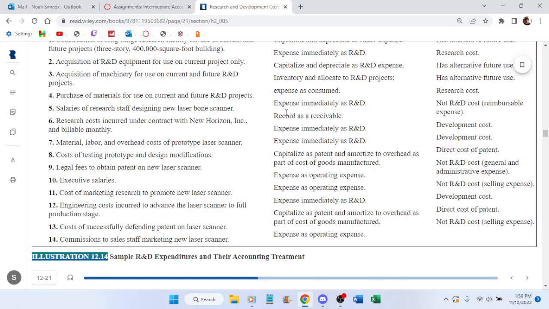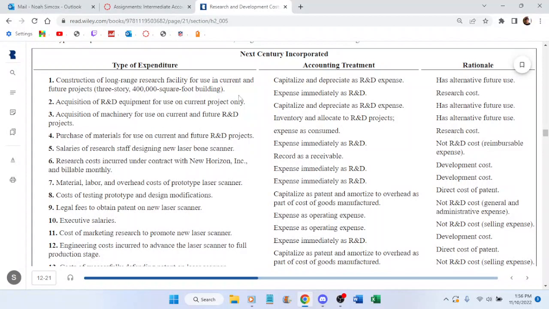This is the worst table ever because of the visual mistake that they made, where they made it not match. Does this go with this one? This goes with this.